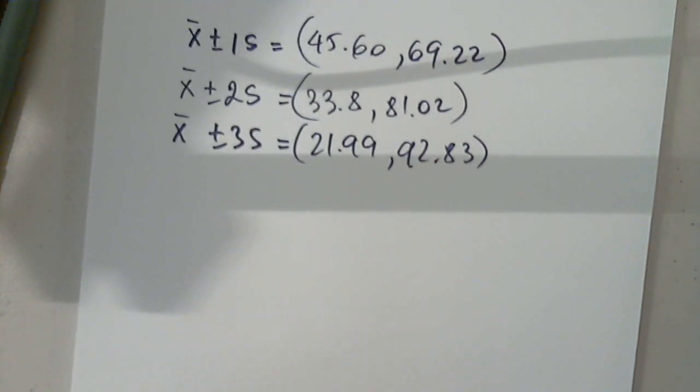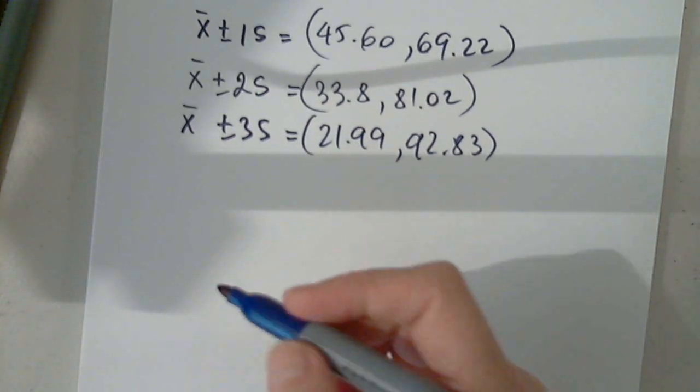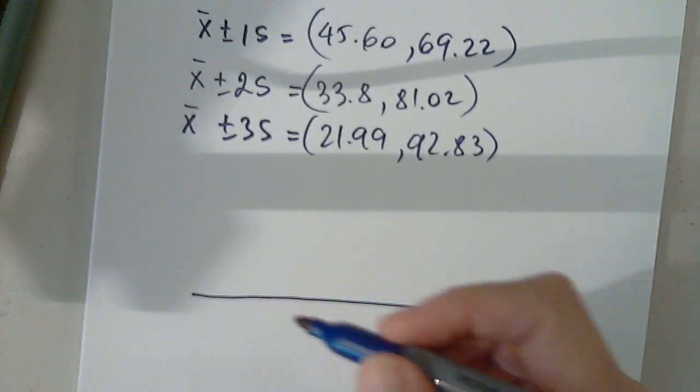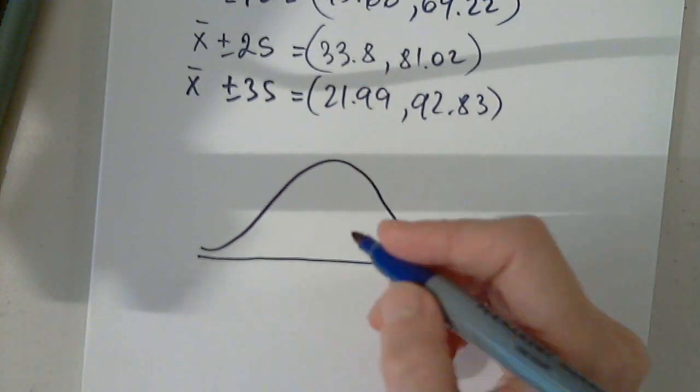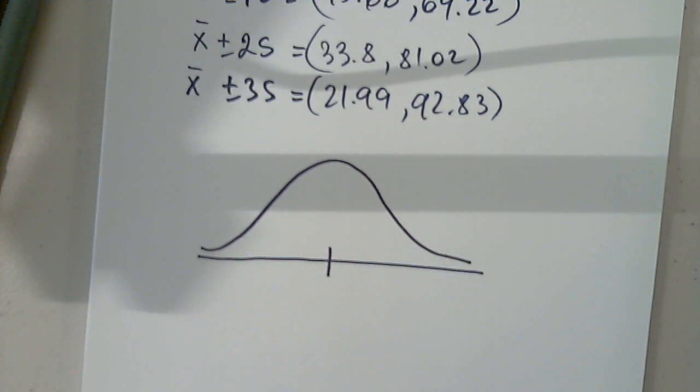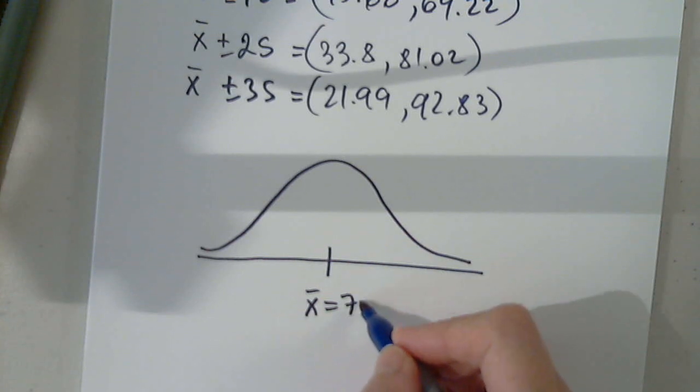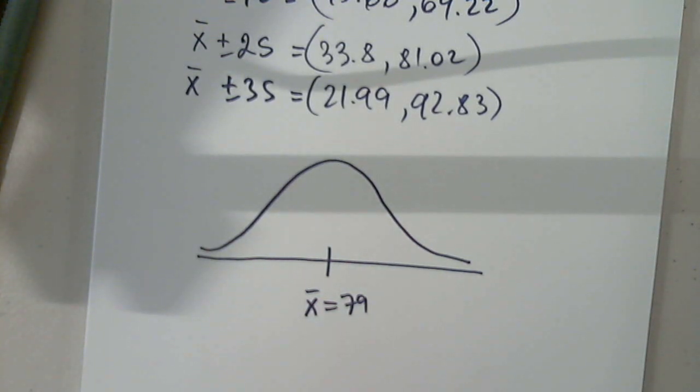And let's discuss. We may not want to discuss all three. I'm just going to discuss at least the first one, and then you tell me if you need another one. So this is our bell-shaped distribution. Here is X bar. If I remember correctly, X bar was 79. Correct me if I'm wrong. Was it 79?